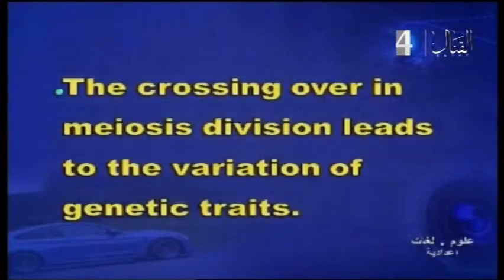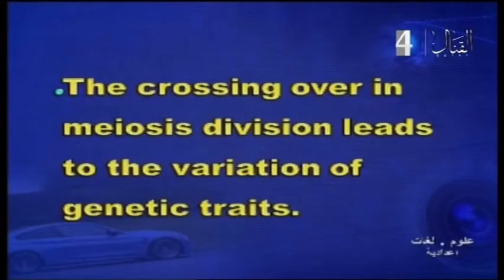The crossing over in meiosis division leads to variation of genetic traits. It happens in meiosis division in prophase 1, when each two homologous chromosomes get near to each other to form a structure called tetrad, and the inner chromatids of the tetrad exchange some parts.